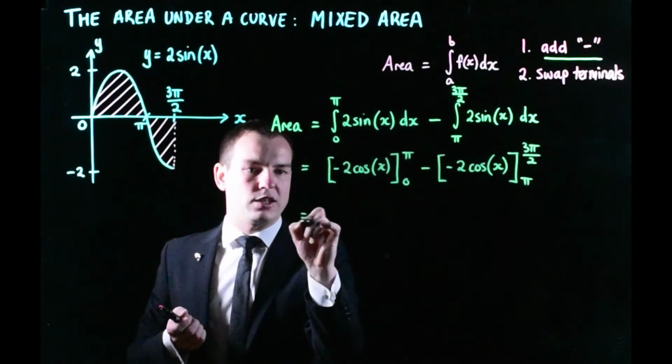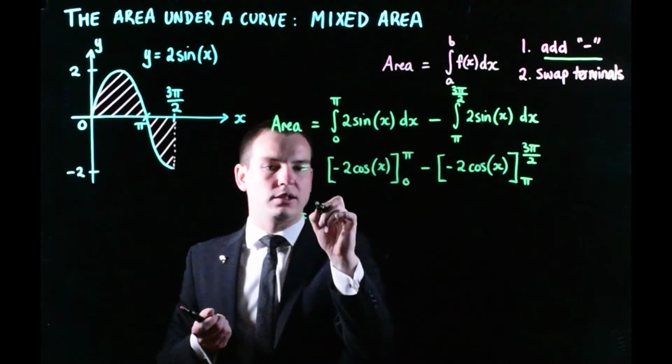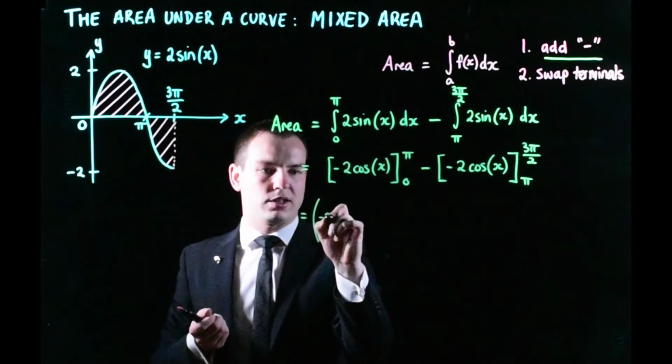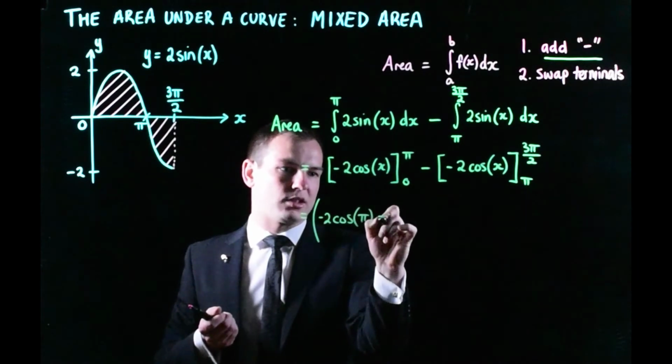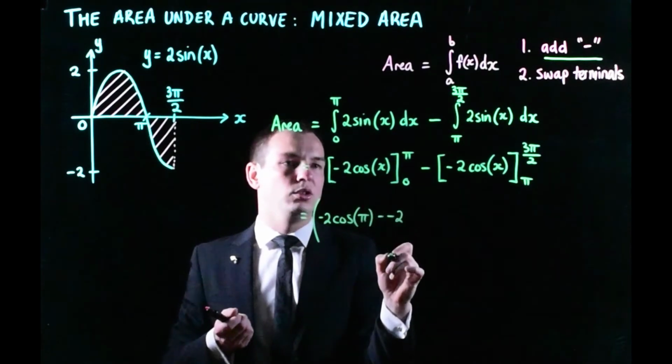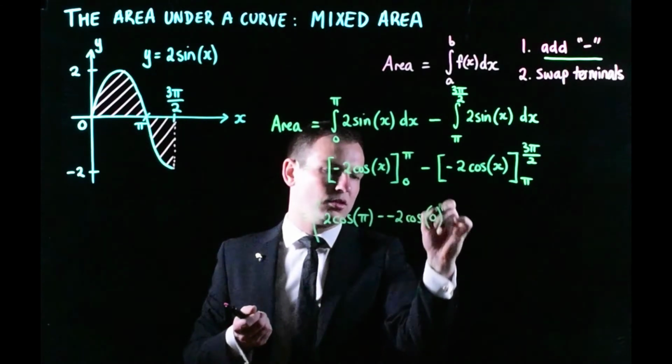So to evaluate these, we're going to substitute in, for this first one, the upper terminal of pi. So we're going to have minus 2 cos of pi. And we're going to subtract away minus 2 times cos of 0.